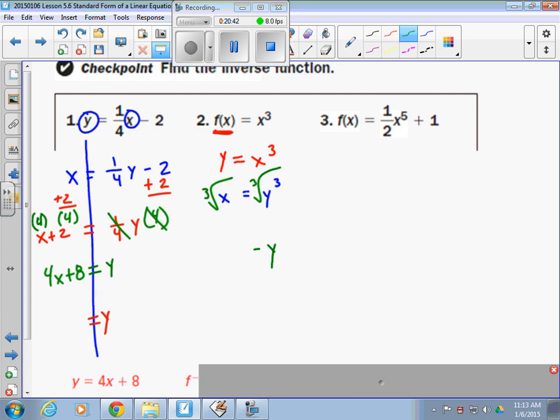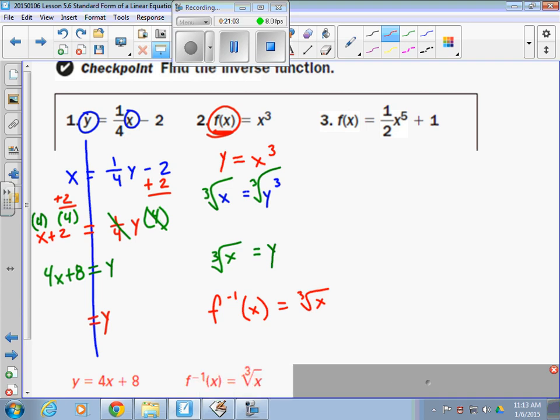Y equals the cube root of x. Then the last step, just to put it back in function form, you simply write the inverse of f of x equals the cube root of x, instead of writing y equals, since you're talking about the inverse.